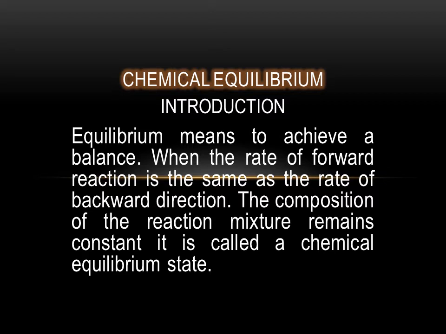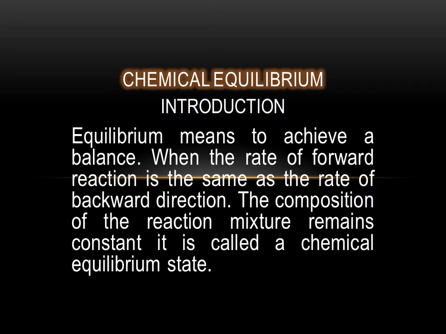But if we talk about chemical equilibrium, it means that reactions are involved: reactants combine together to form products, reverse and forward reactions take place, and a stage is reached when the reverse reaction and the forward reaction become equal.